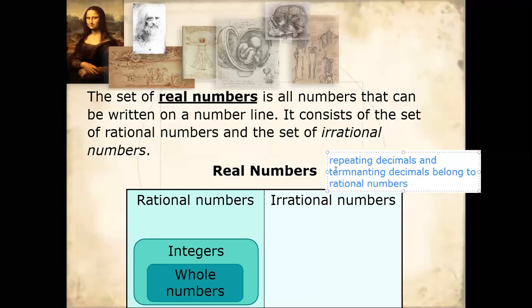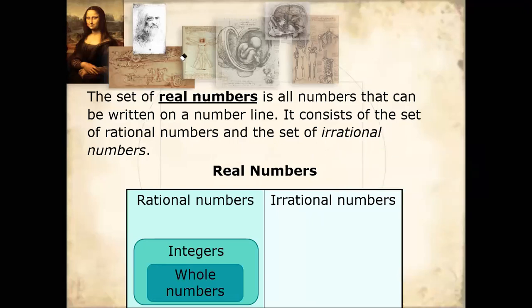Don't forget that repeating decimals and terminating decimals belong to rational numbers. Except for those two types, other decimals we will not accept, and they will belong to irrational numbers. Clear?